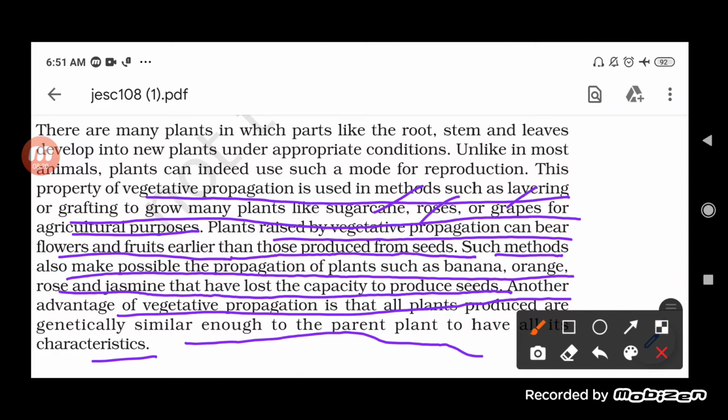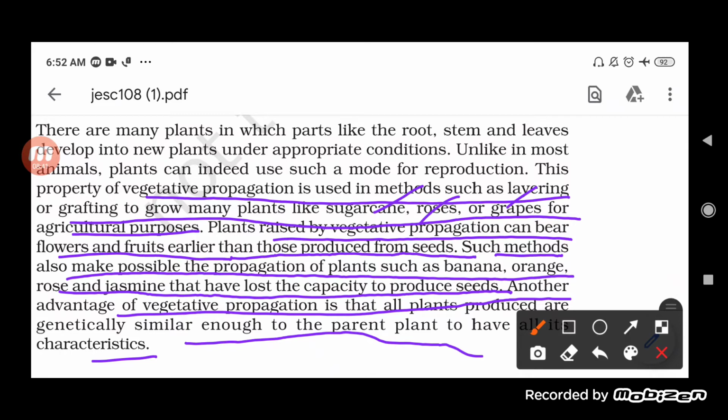The zygote gets converted to an embryo, and that is the seed, and this seed will help in the growth of a new plant, because as it germinates, the shoot and the root of the plant come out, right? So when the seeds develop into a new plant, then the flowers and the fruits will come.